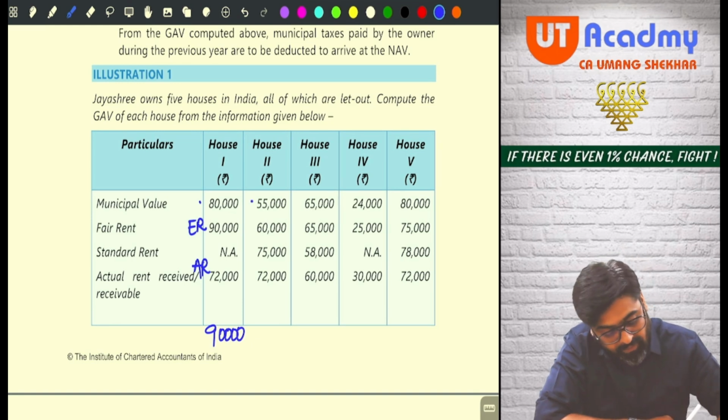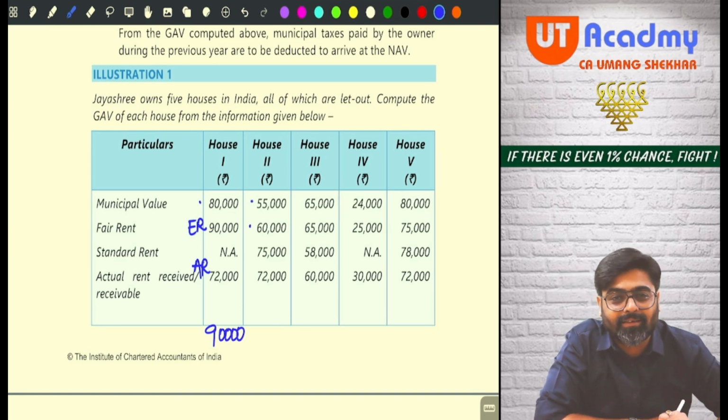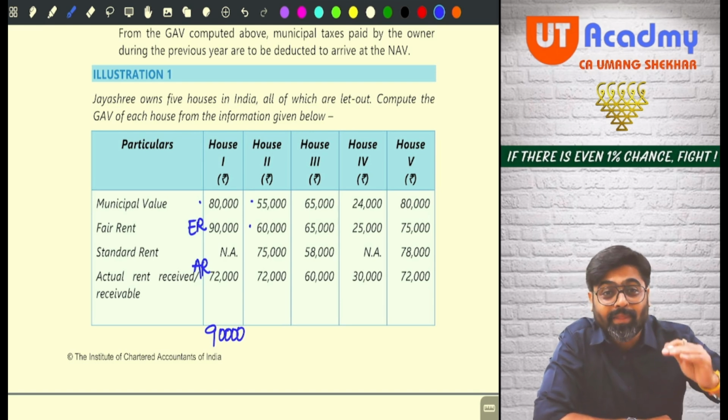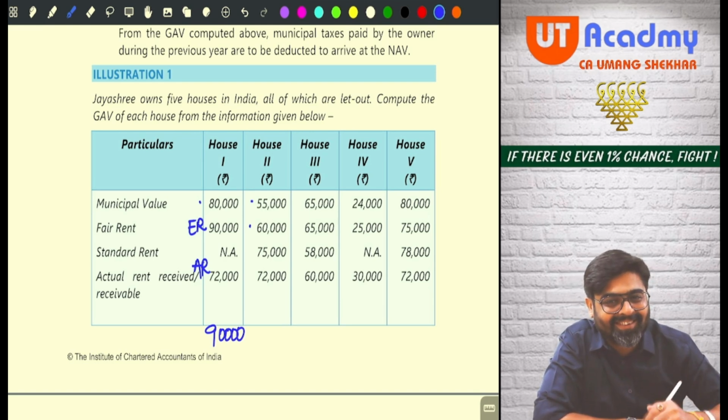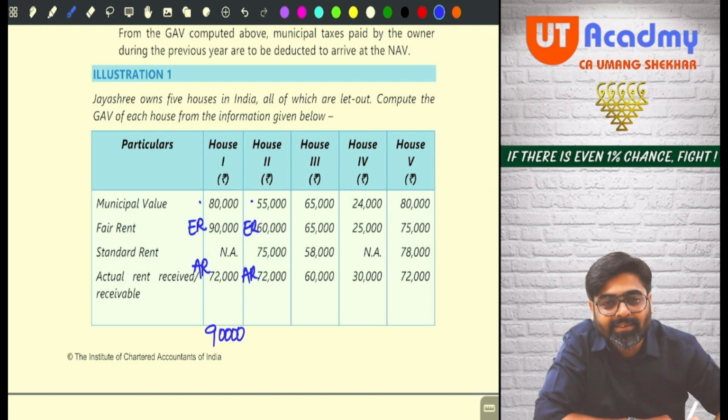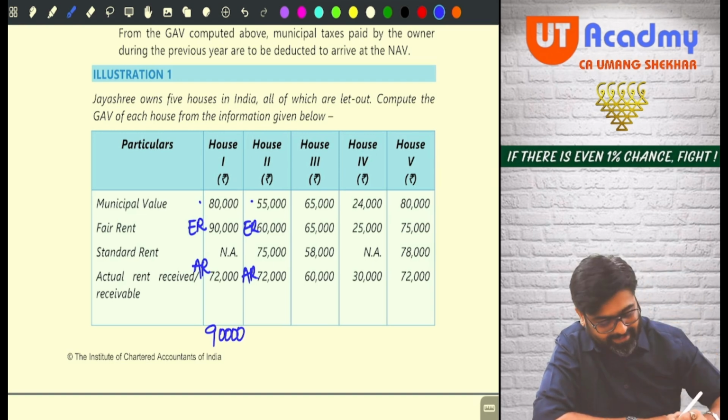Second one, 55 or 60, whichever is higher: 60. 60 or 75, whichever is lower: 60. 60 will become your expected rent, and this is your actual rent. So 60 or 72, whichever is higher: 72.